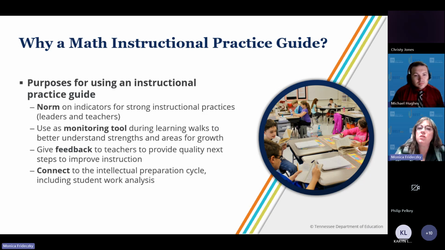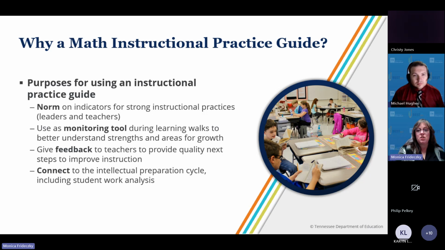So it's important to use the instructional practice guides for multiple reasons. One of the reasons is to norm on indicators for what strong instructional practice looks like in the math classroom. Another way is to use it as a monitoring tool, not an evaluative tool, but a monitoring tool to glean some go-and-see look-fors.